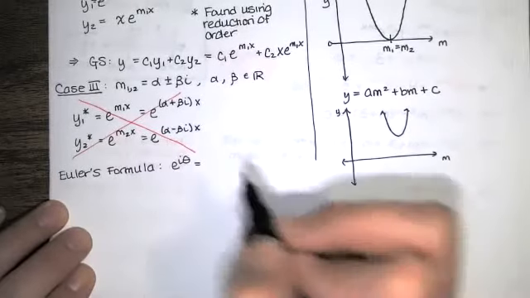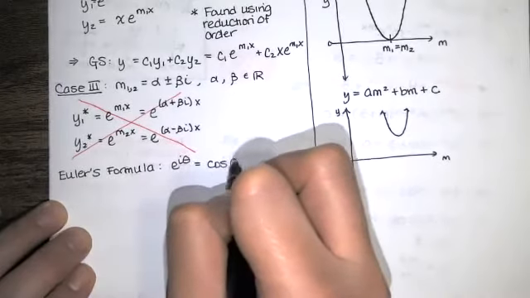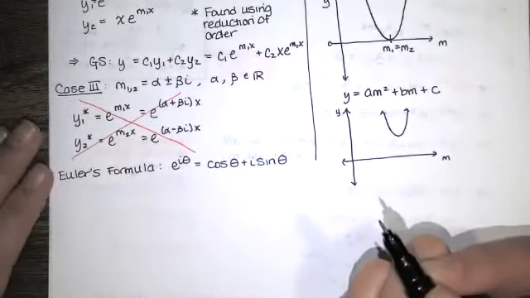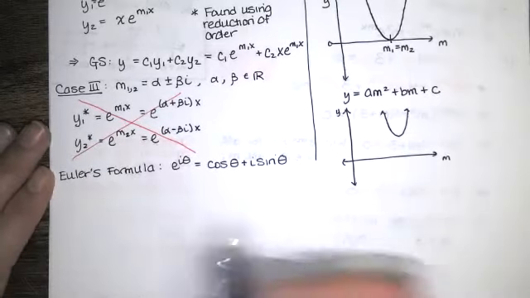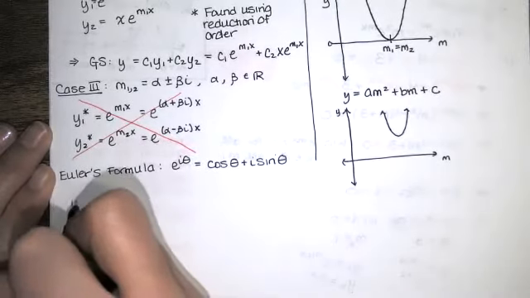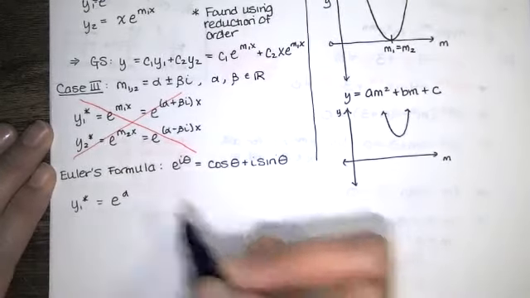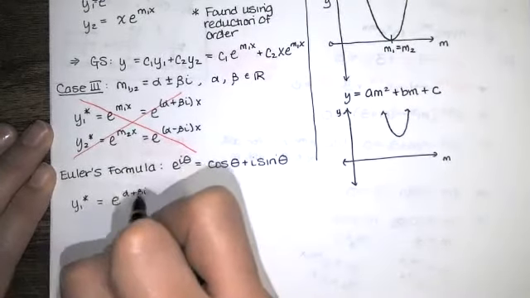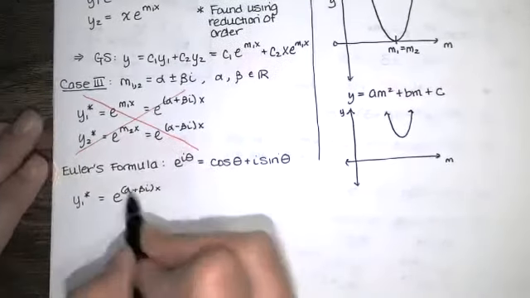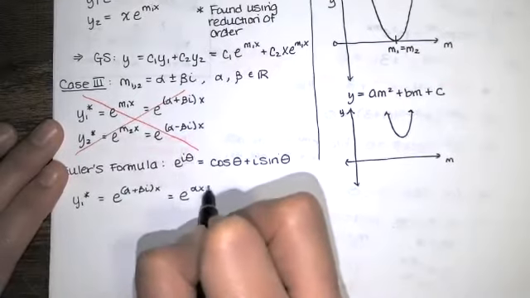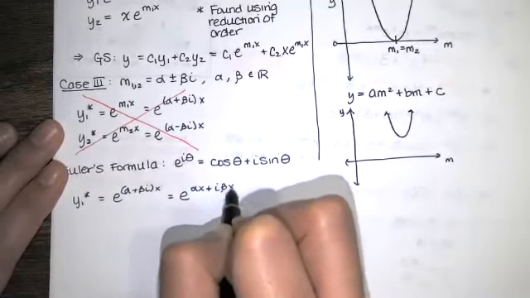It says this: e to the i theta is cosine of theta plus i sine of theta. And with that in mind, this y1 star can be rewritten in terms of sine and cosine. In order to do that, let's distribute that x. So I have e to the alpha x plus i times beta x.